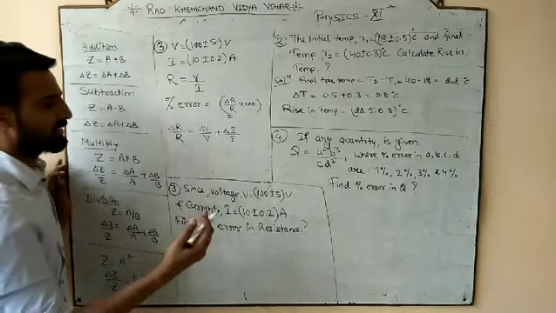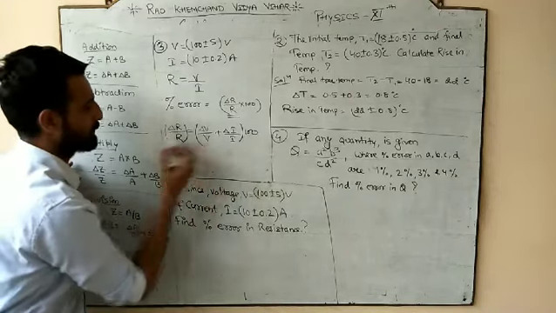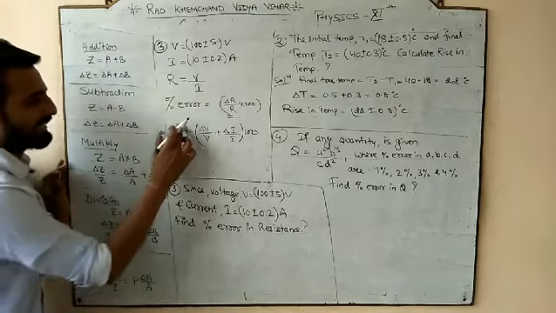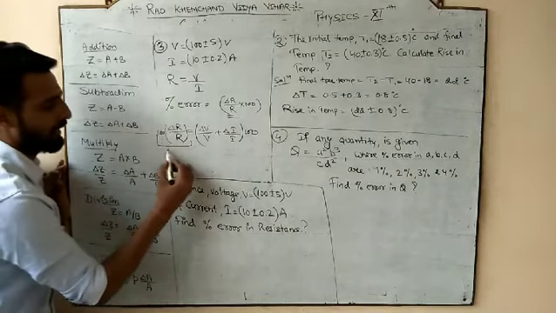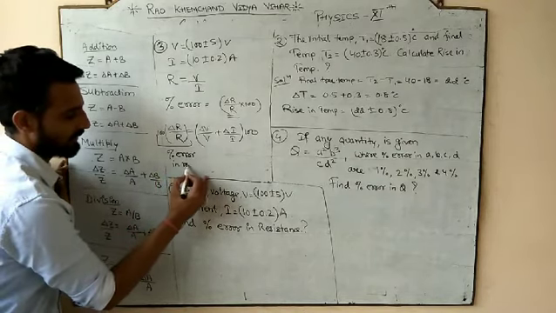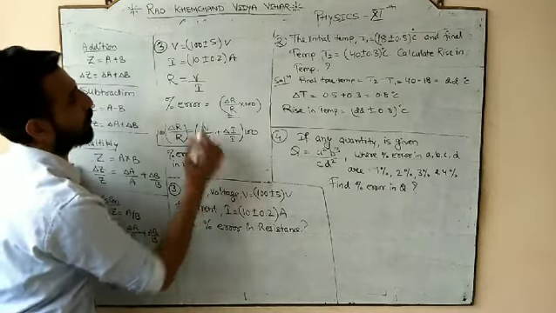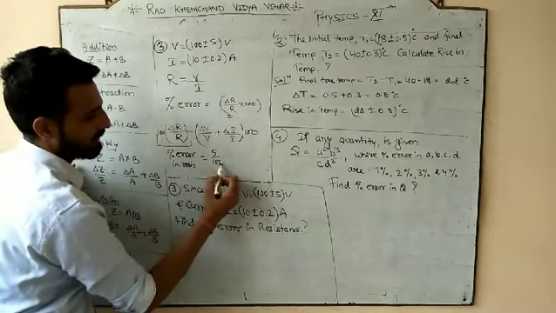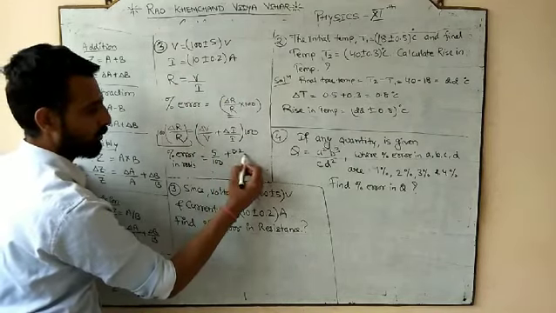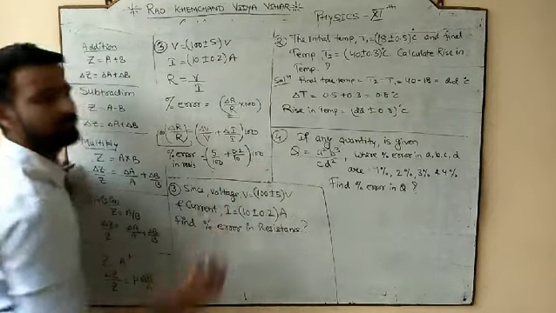So first of all calculate the relative error. Or you can do one thing here: multiply by 100 on both sides. So it becomes delta R by R into 100, the percentage error in resistance, equal to delta V by V, which is 5 by 100, plus delta I by I, which is 0.2 by 10, all into 100.